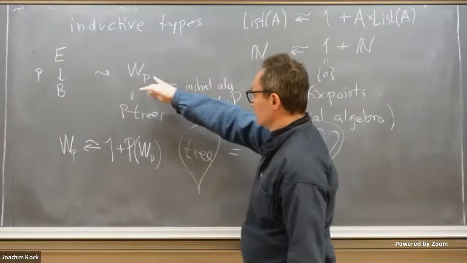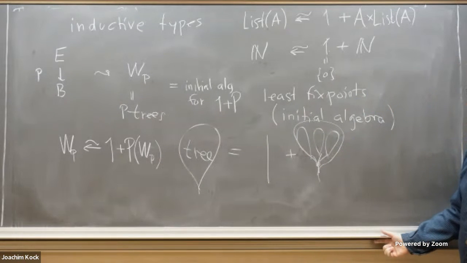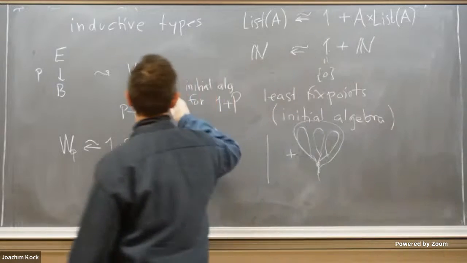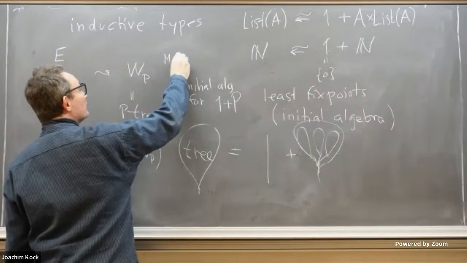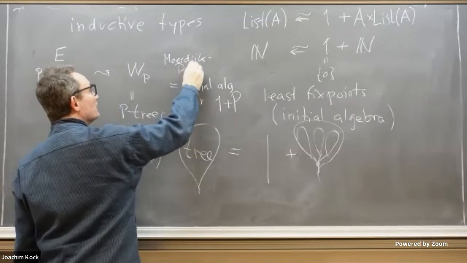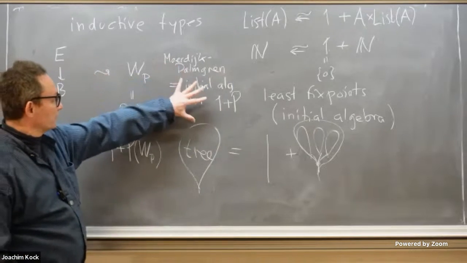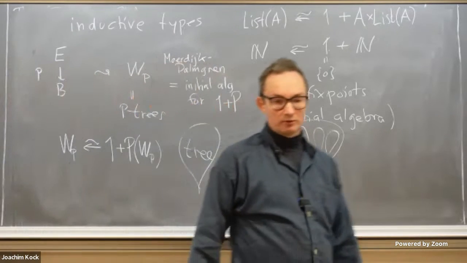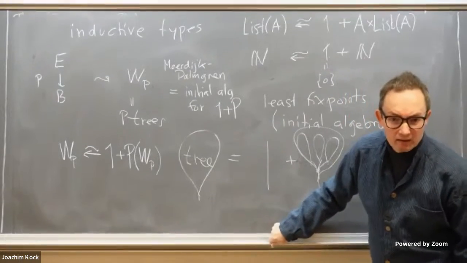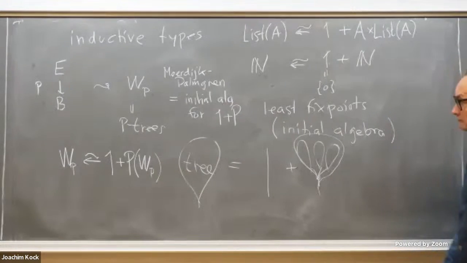So the notion of W type in type theory is due to Martin Löf. And I should mention, so this equation here is Moerdijk and Palmgren, who started this whole idea that W types are precisely polynomial functors in this precise sense.